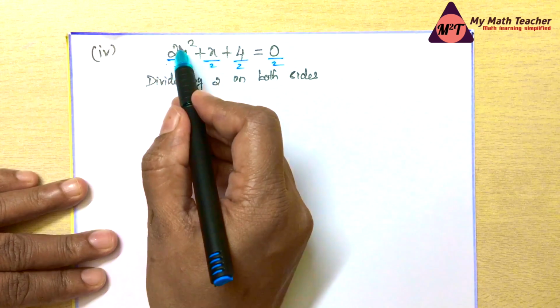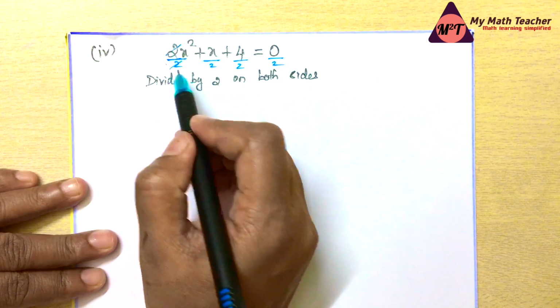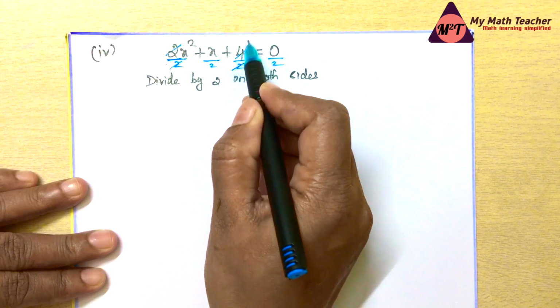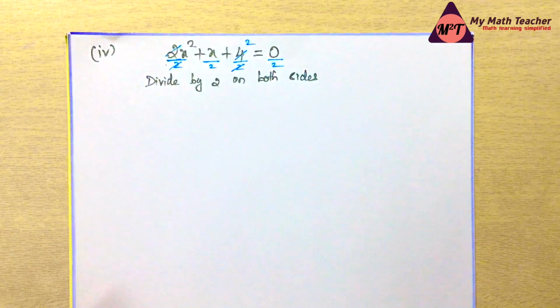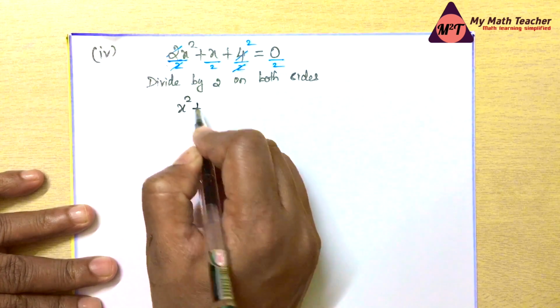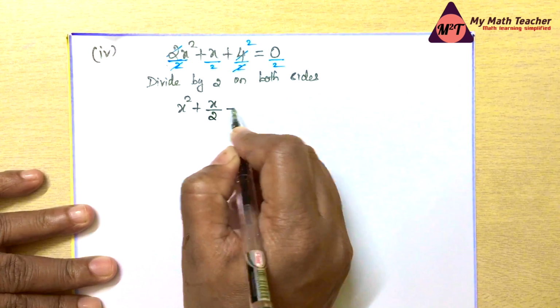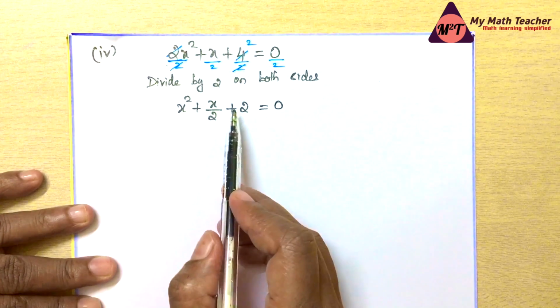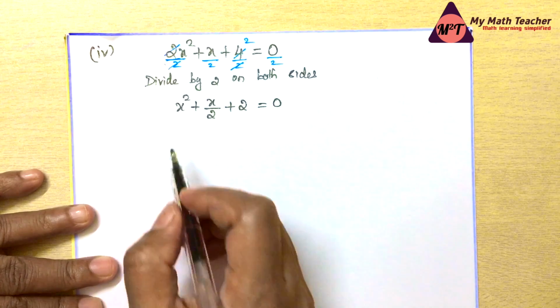You can see 2 and 2 we can divide, it will be 1. Here we can't. 4 divided by 2 is 2. 0 divided by 2 will be 0, which is x square plus x by 2 plus 2, which is equal to 0.